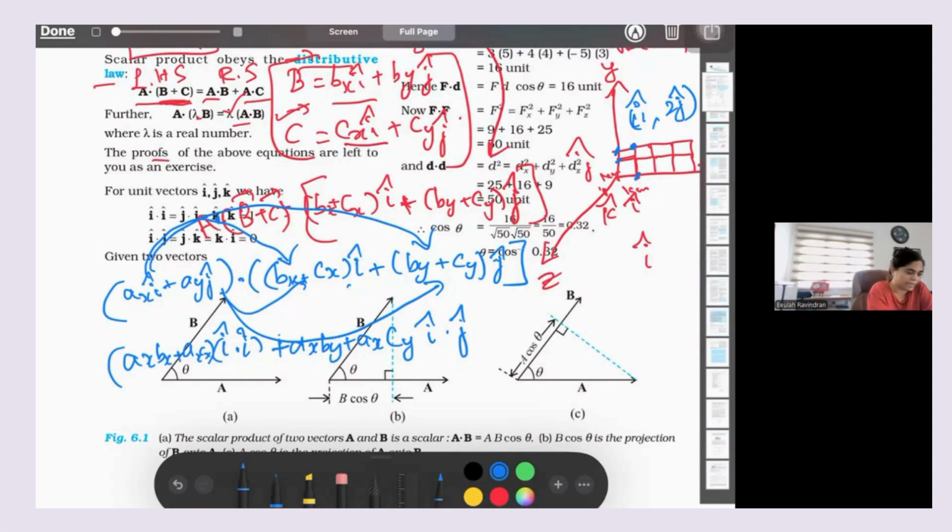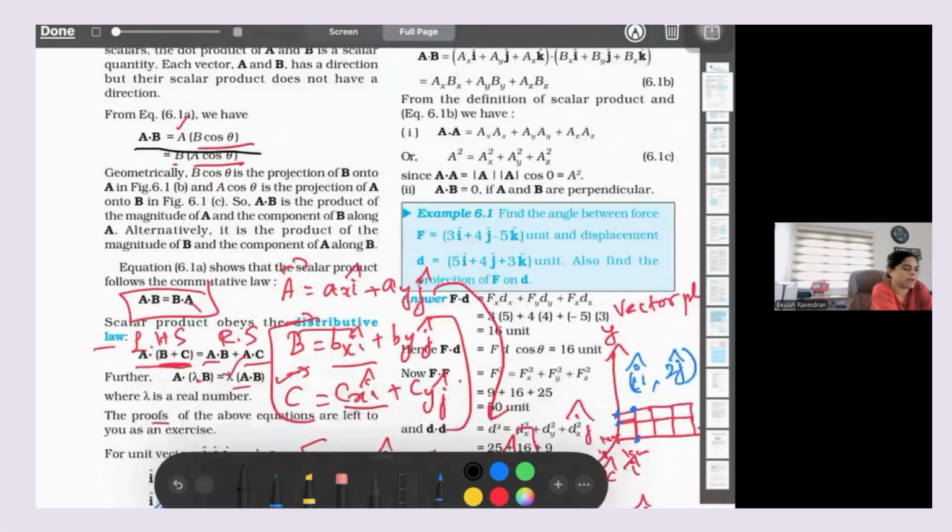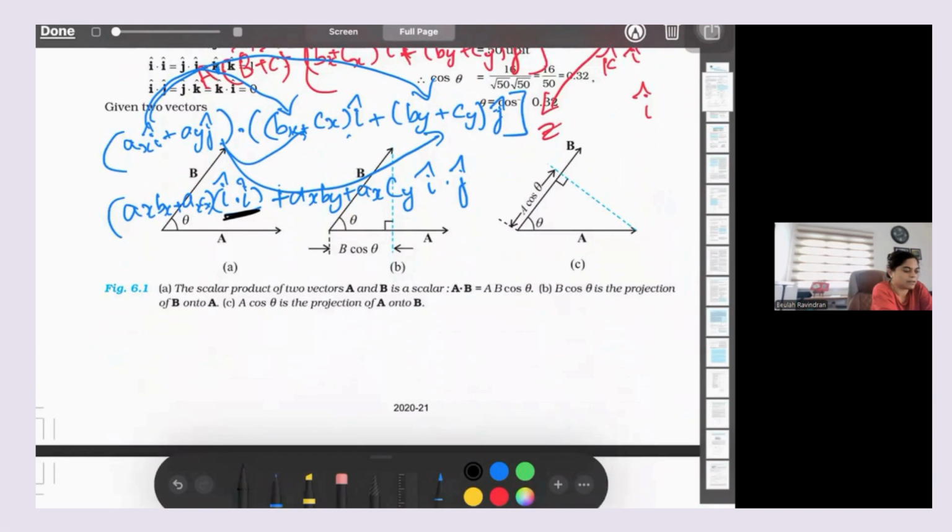If you take this i dot i, what is i dot i? Based on this formula, a dot b is equal to ab cos theta. So here also, modulus of i, modulus of i, cos theta. What is the angle between i and i?